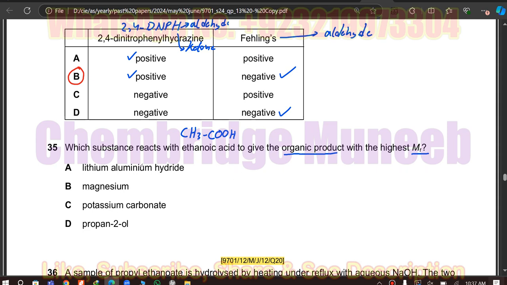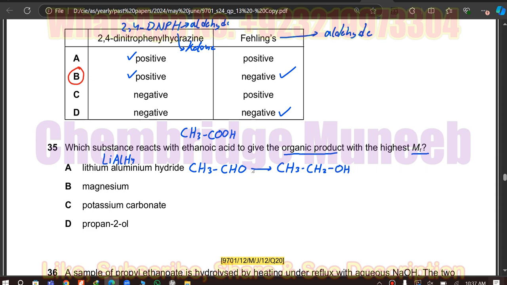So let's start with option A, which states it is lithium aluminium hydride, LiAlH4. Now this, as you know, is a reducing agent. This reducing agent can reduce the ethanoic acid. The ethanoic acid, when it reacts with this reducing agent, will first convert into the aldehyde compound CH3CHO and further it reduces into ethanol, CH3CH2OH.